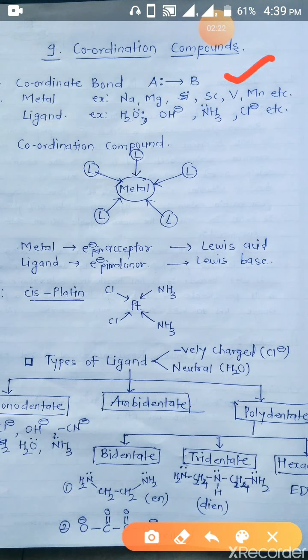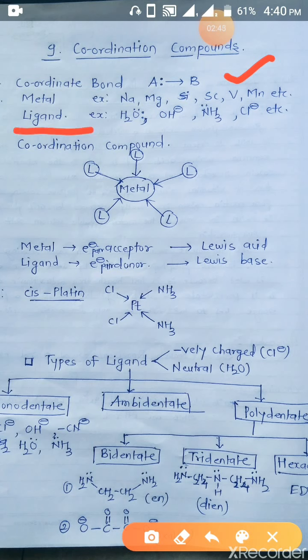Now why is this so? This is because the D block elements have the vacant d orbital to accept the electron pair from the ligand. That is, in coordination compounds, metals are always electron pair acceptors. Okay. Now, what does this term ligand stand for?